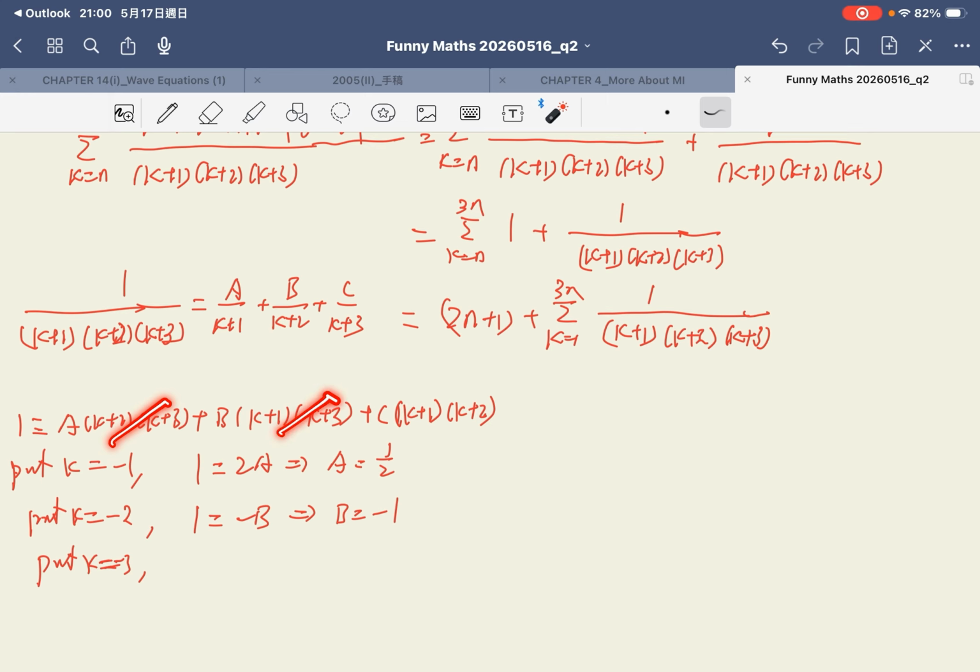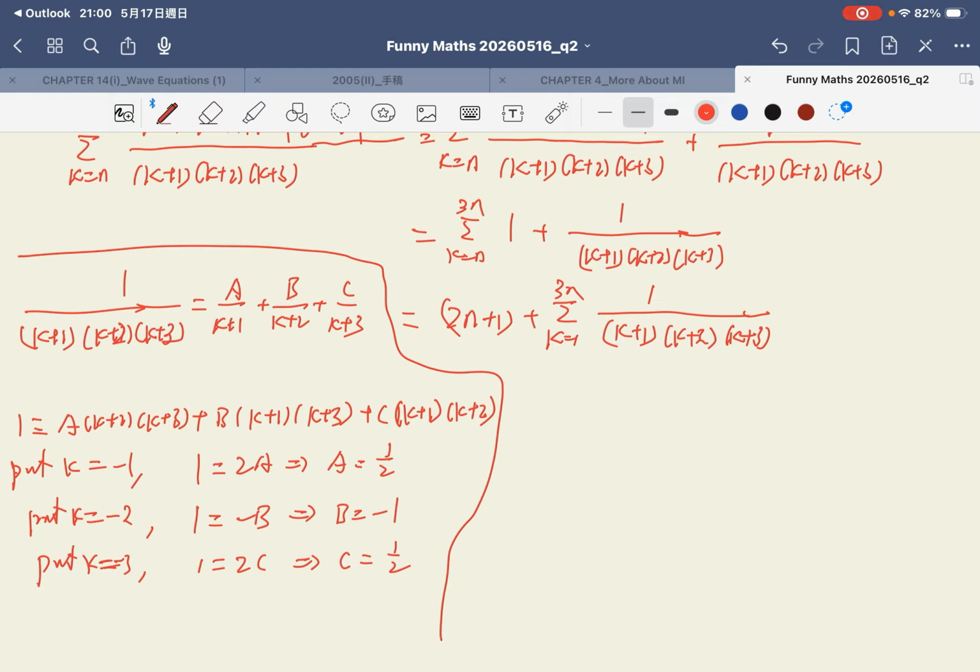Only one term remains, which gives 2c equal to 1, so c equals 1 over 2.